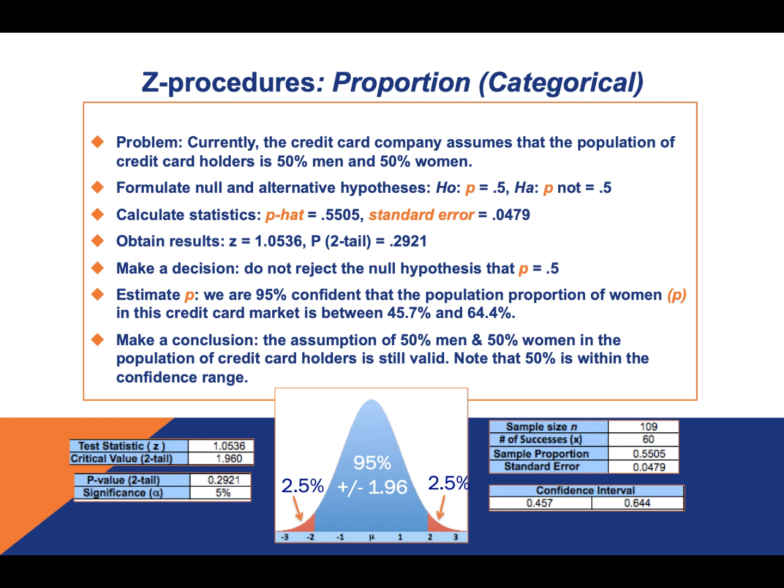And as we can see, our test statistic is nowhere close to the required 1.96. Finally, we could make an estimate about the true population proportion using our confidence interval and state a conclusion, such as the percentage of men and women can still be close to about 50-50.